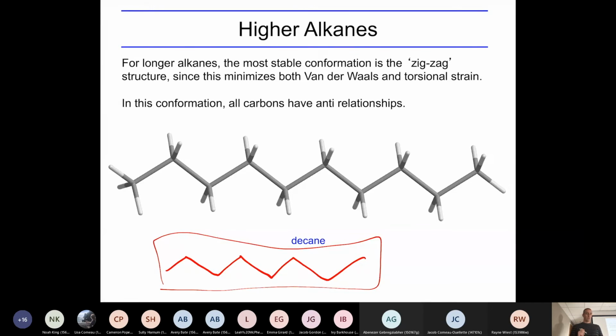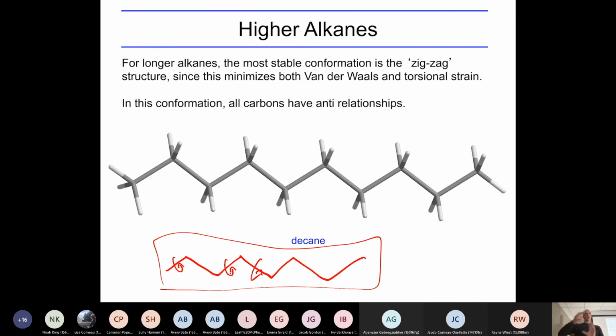It doesn't mean it's the only conformation. As I said, if you have a container full of, say, decane, where it's all 10 carbon chains, every one of these bonds can rotate, right? They're all rotatable. We have lots of energy in there at room temperature. They're all bumping around, rotating, spinning and vibrating. So it's not like every single molecule is going to be in this straight as an arrow conformation.